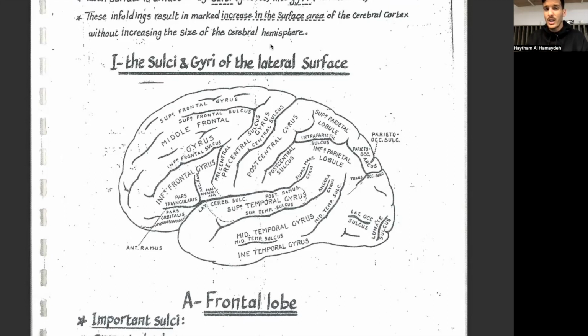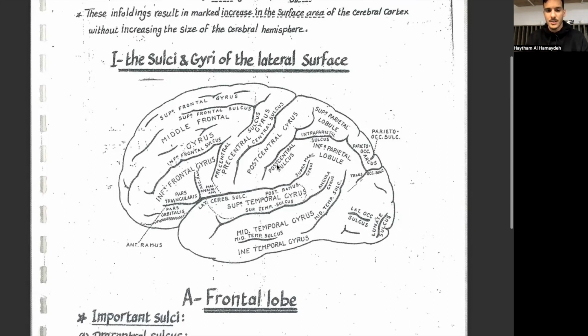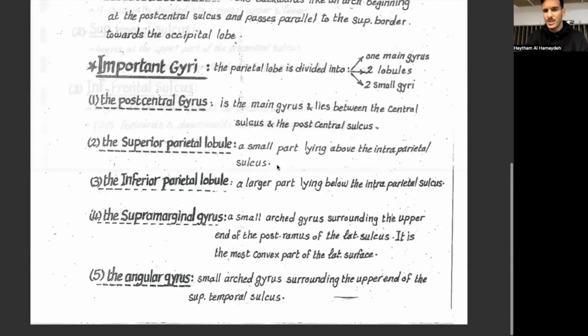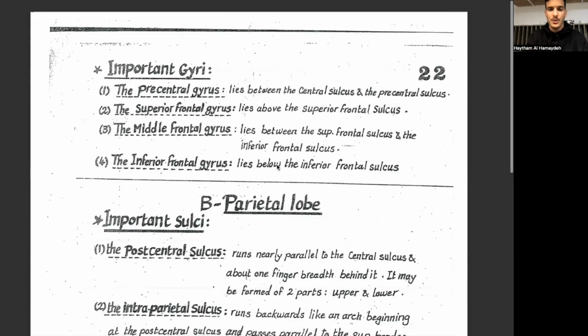But we are only discussing here, remember, the lateral surface of the frontal lobe. Whatever you see here, we have discussed so far, and these are the important ones. I think if you stick to the important ones, you're safe to go.